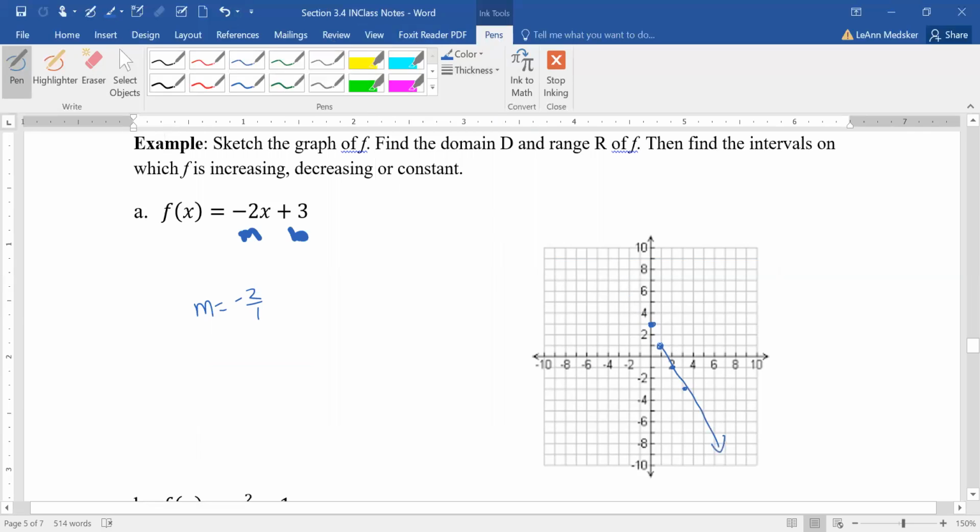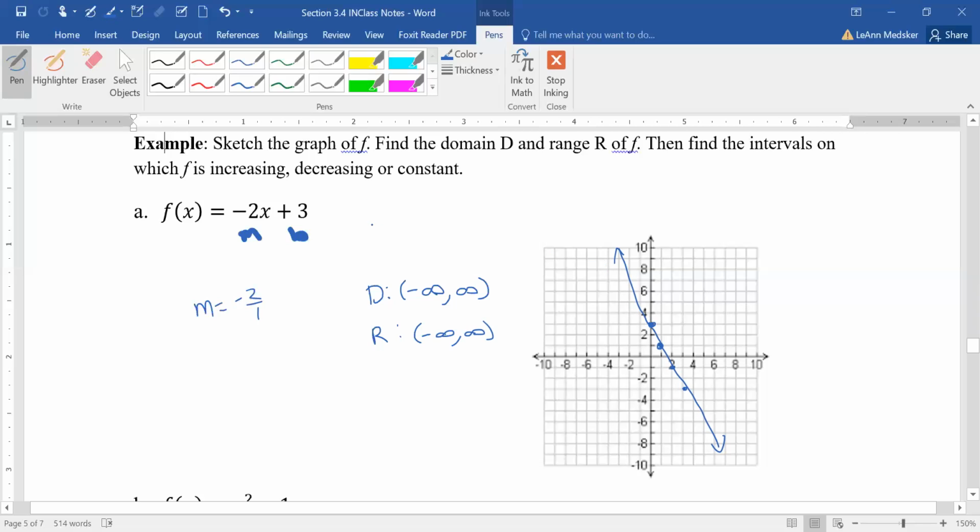Okay, so if it's a polynomial or a linear equation, it has a domain of all real numbers. Any x I want to plug in on the number line, I can, and still get a real number answer. The range, this also, if you look at the graph, it goes up and down forever. So it's also -infinity to infinity. And lines do only one type of increasing, decreasing, or constant.